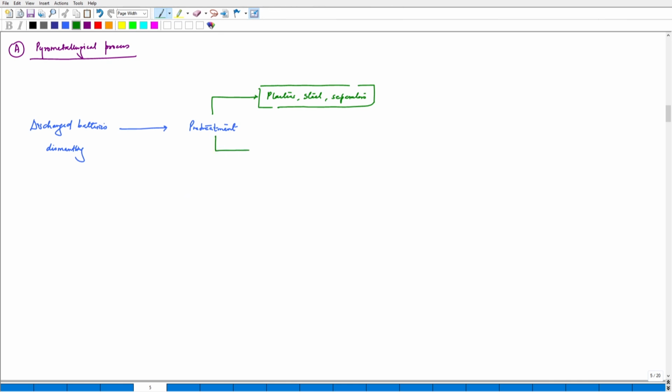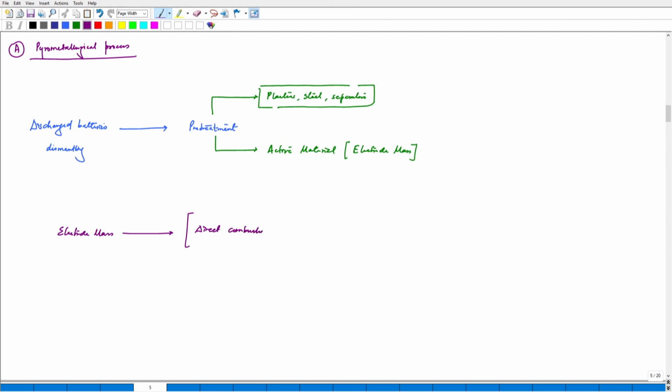And of course, we have the active material, which is basically the electrode mass. At times it is called black mass also, electrode mass. So if we are looking at electrode mass, how do we recycle it? We have direct combustion.